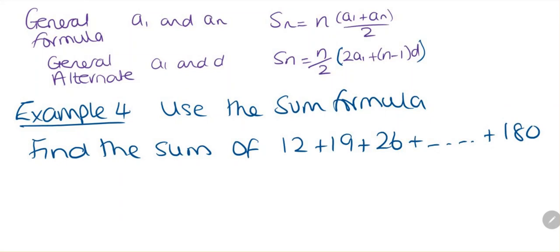Step 1, the first term, A1, is 12, and we know the last term, but we don't know what the position is going to be, An, and this is going to be 180.